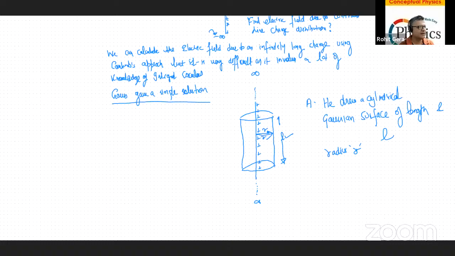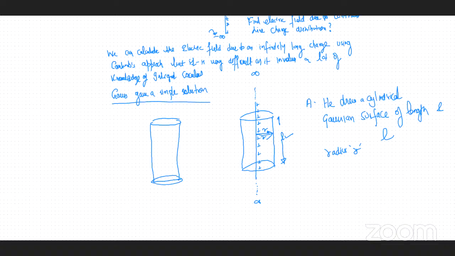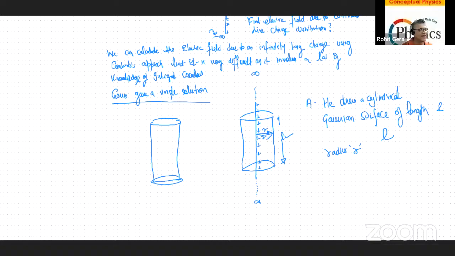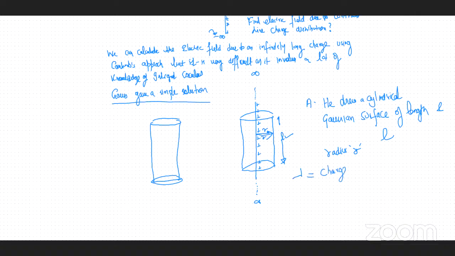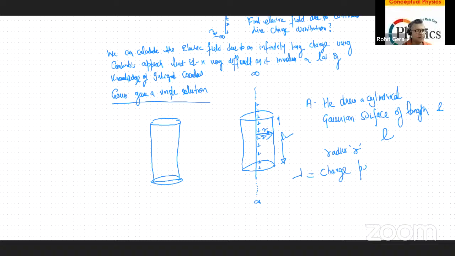First question, does this cylinder enclose any charge? The cylinder drawn by Gauss, an imaginary cylinder. Does it enclose any charge? Line charge, yes, of length L. If I tell you the linear density is lambda, which is charge per unit length, then tell me, in length L, how much charge is enclosed?